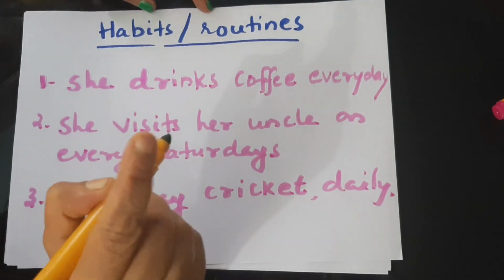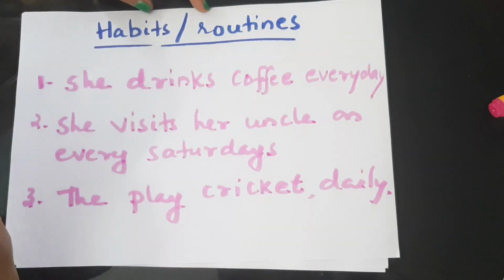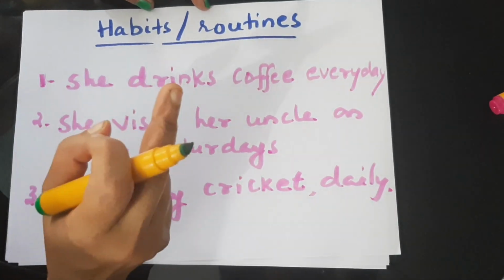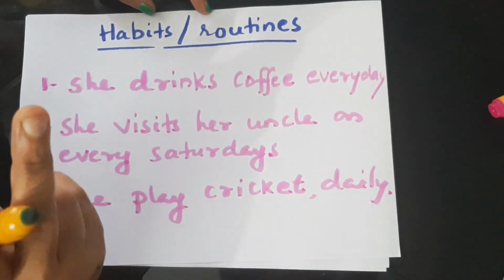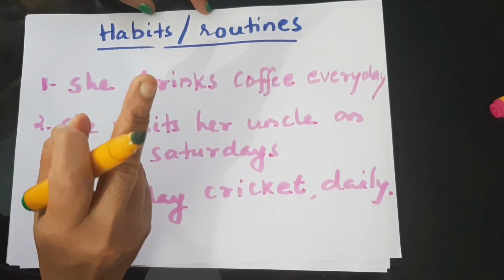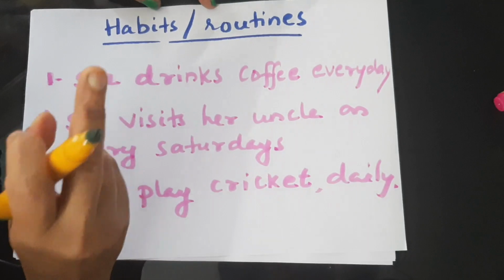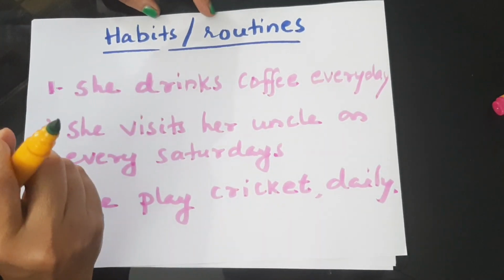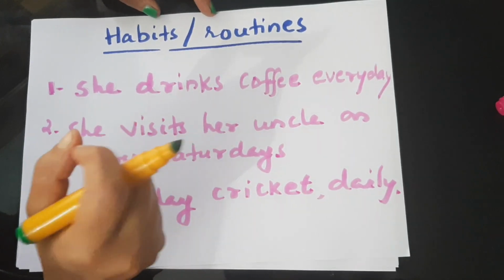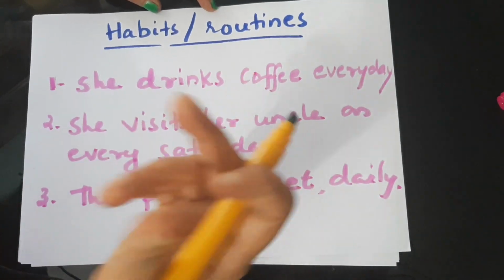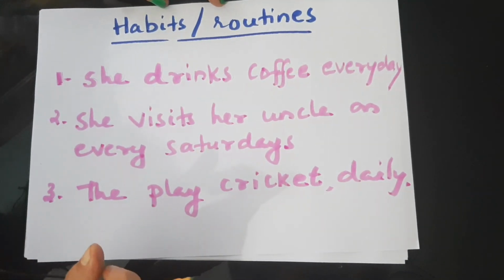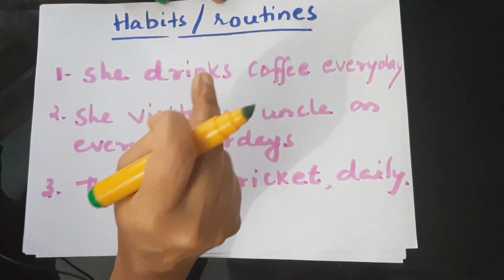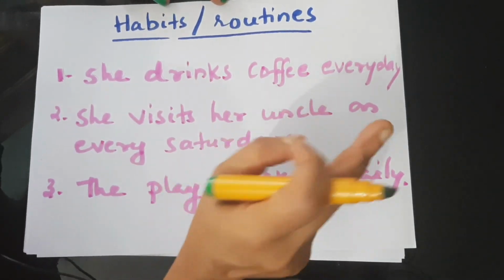For example, just to denote a habitual action, meaning an action a person does every day, or at a regular interval of time, or regularly. In such a context, we can use simple present tense, or just to denote the routine of a person, we can use simple present tense.